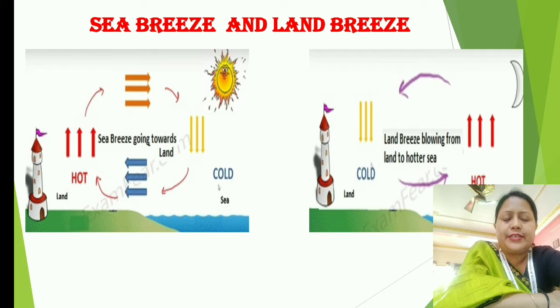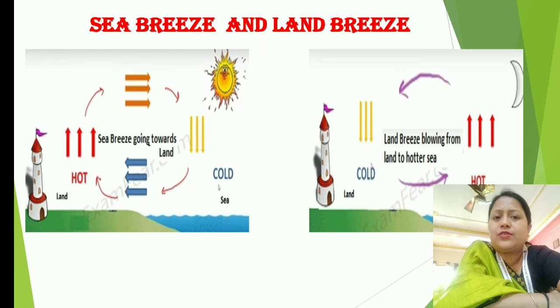On the other side, over the sea, the air becomes dense and cold. So this cold air, during the daytime, rushes towards the land area to occupy the vacant space. So this is how the sea breeze originates, and the sea breeze goes towards the land. So this is the diagram which shows that sea breeze is going towards the land.